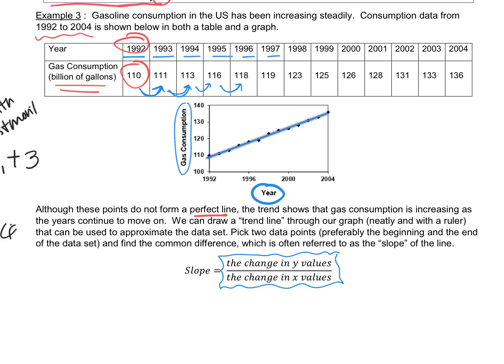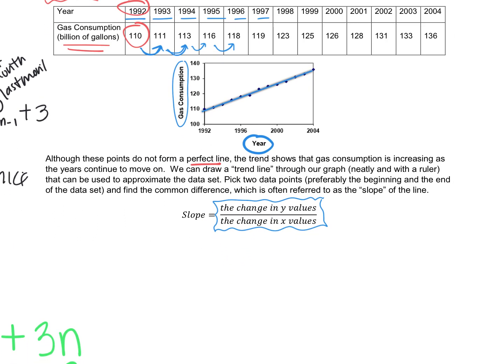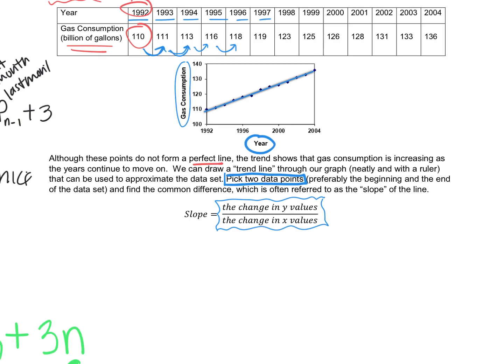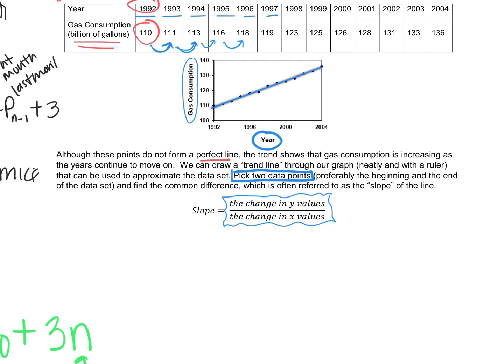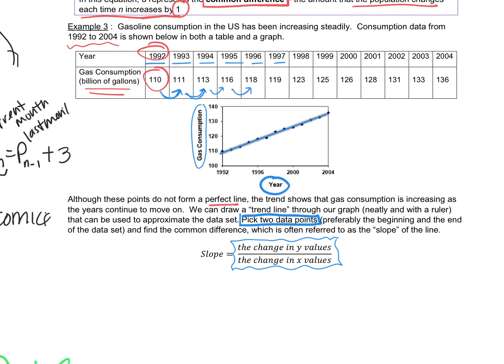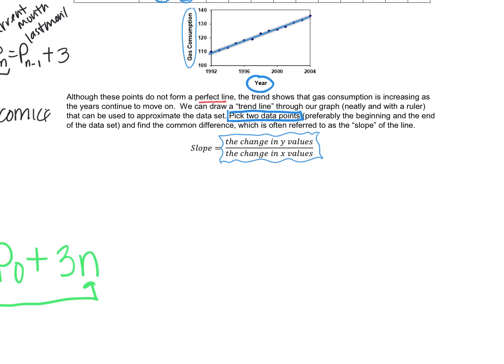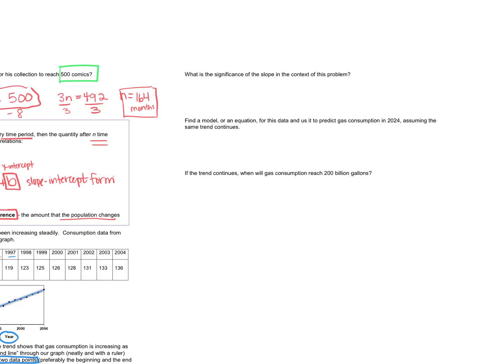But we can try and fit a curve, and the way that we're going to do that is just pick 2 data points, any data points, preferably the beginning and end of our data set. So if we're going to do that, let's think about the significance of the slope again. That slope is going to be the change in gas consumption really per year.